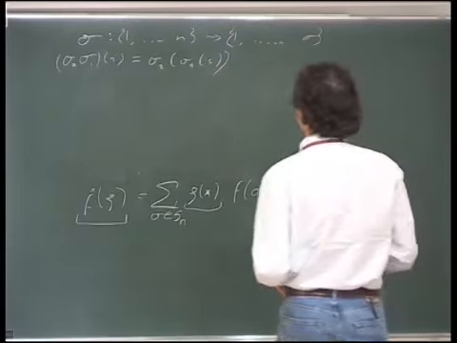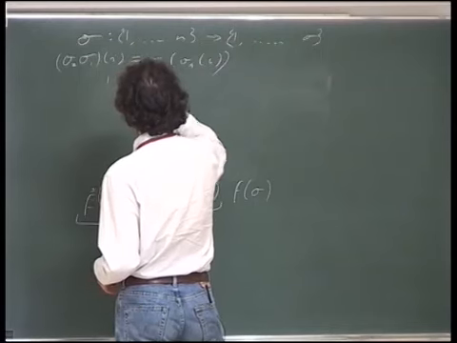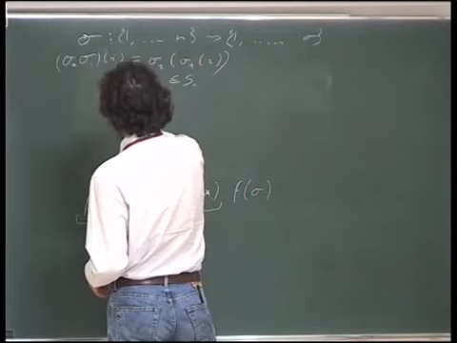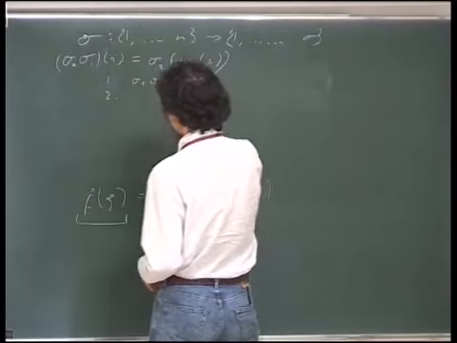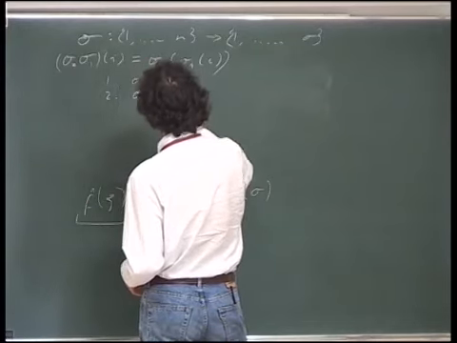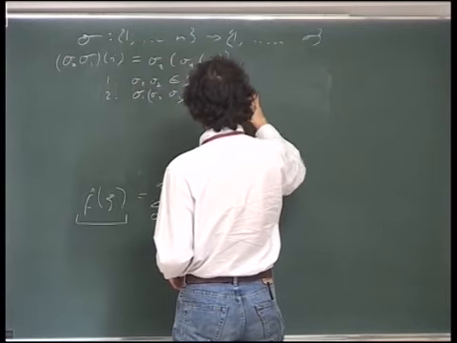And with respect to this operation, permutations form a group. So in particular, the product permutation sigma 2 sigma 1 is also a permutation, obviously. Then this operation is associative, so sigma 1, sigma 2, sigma 3 is the same no matter how you bracket it.